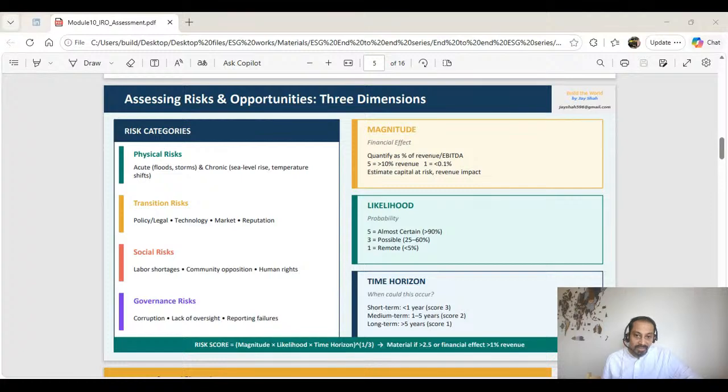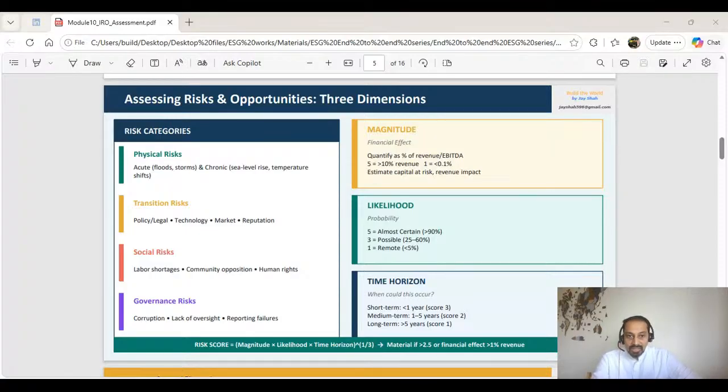One useful technique is scenario-based estimation. For example, under a carbon price of 100 per ton, our cost base increases by approximately 5 million per year, which represents almost 2.5% of annual revenue. That kind of back-of-the-envelope estimate is far better than leaving it purely qualitative. So that is the dimension of magnitude of financial impact.